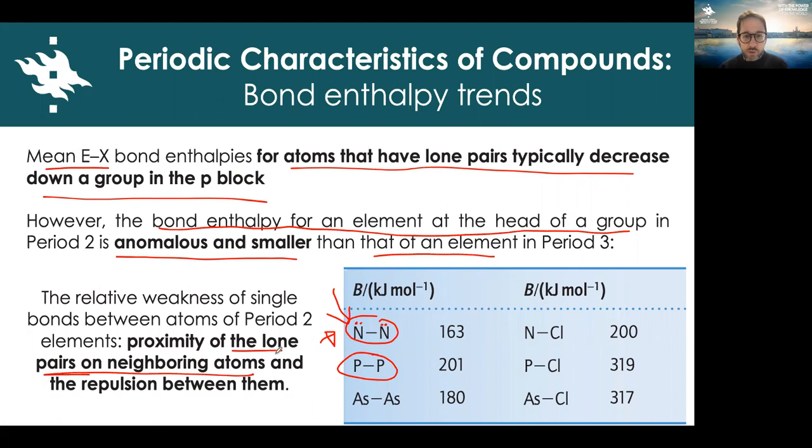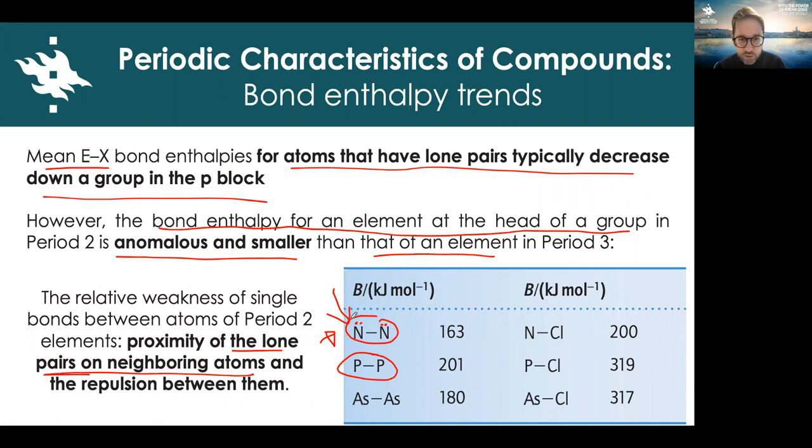And as a result, they repel each other. So we have electron pair repulsion between the neighboring atoms. And this is very significant. This electron pair repulsion in the neighboring atoms therefore makes the bond enthalpy weaker. So that's why we observe this.